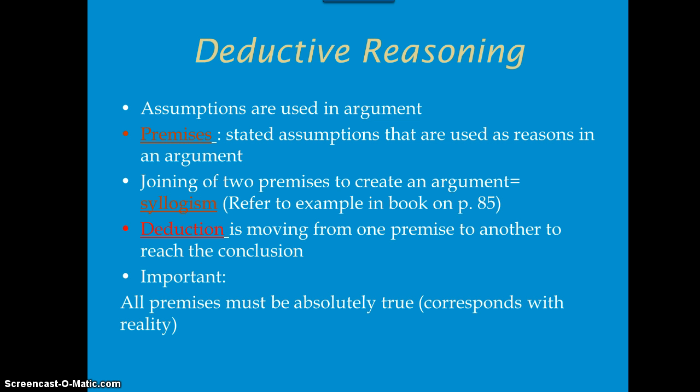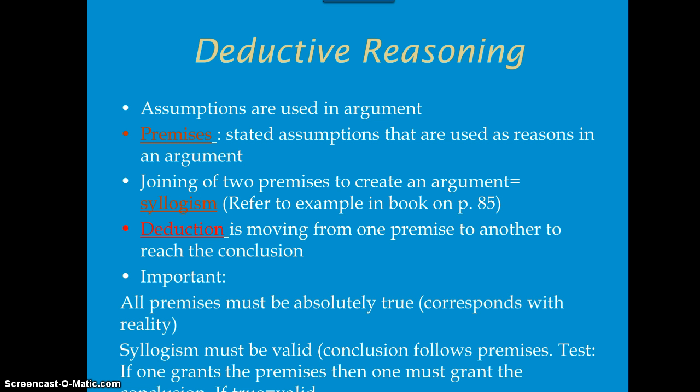It becomes faulty. And if one grants the premises, then one must grant the conclusion. So when you're looking at a syllogism, if you look at the major premise and the minor premise and you think, okay, both of those things seem correct, then the conclusion must also be correct.